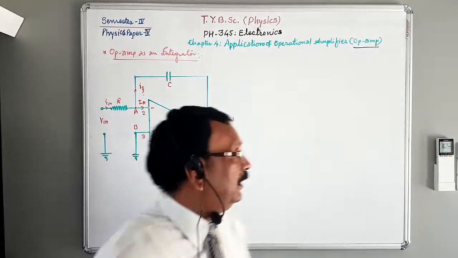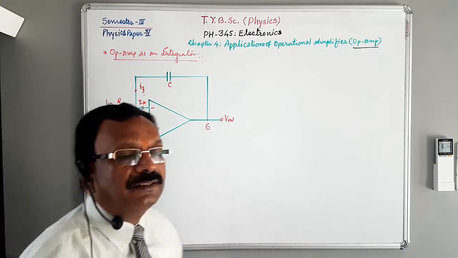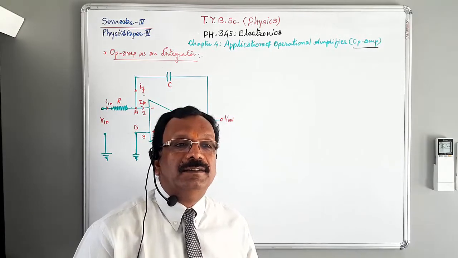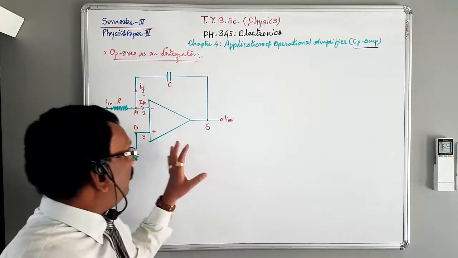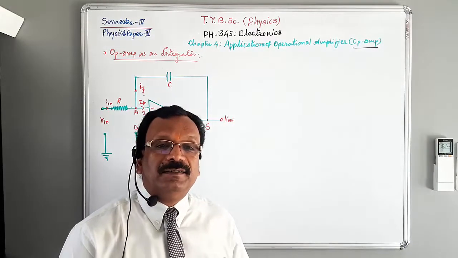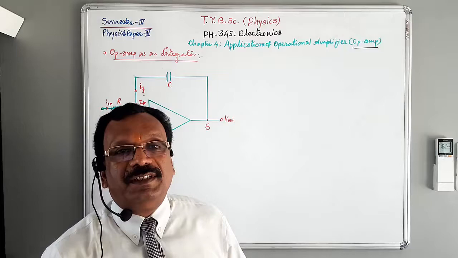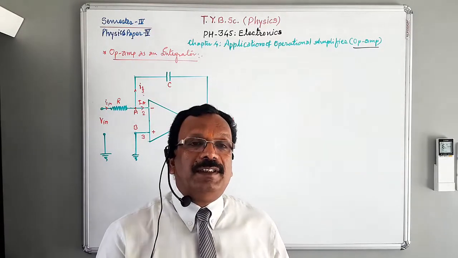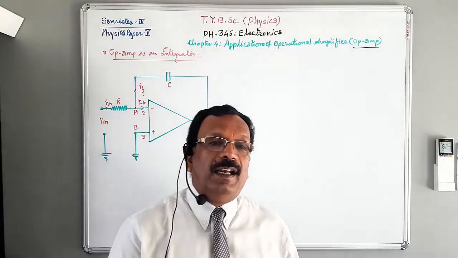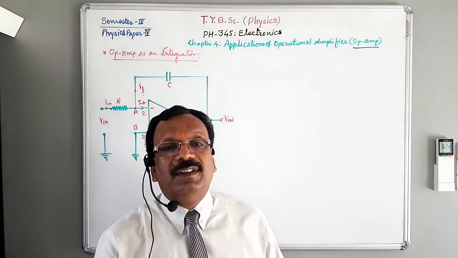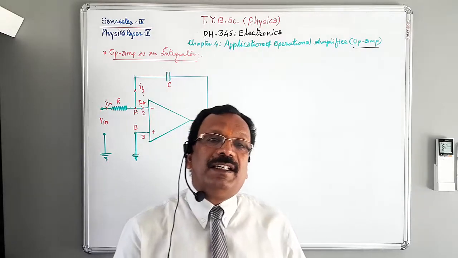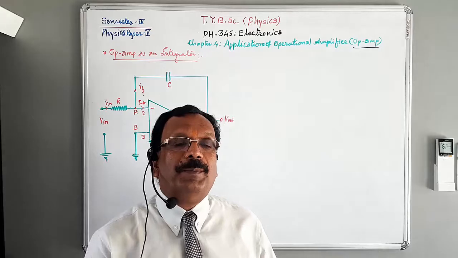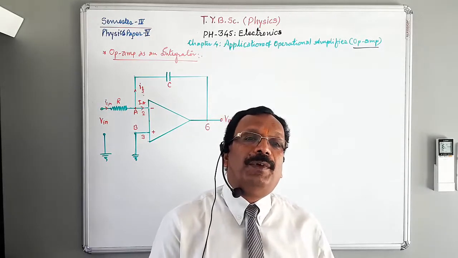So this figure illustrates the op-amp as an integrator. Such a figure we already studied in SYBSc electronics when we studied op-amp as an adder and op-amp as a subtractor. That means at SYBSc level we already studied two important applications of an op-amp, that is op-amp as an adder and op-amp as a subtractor.